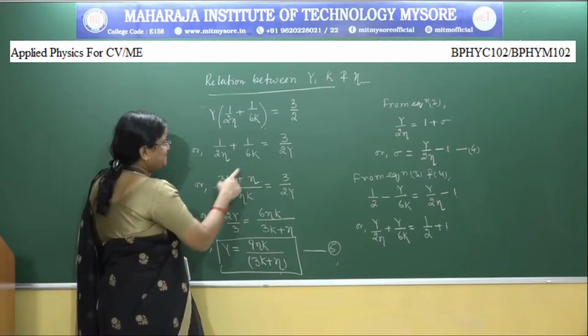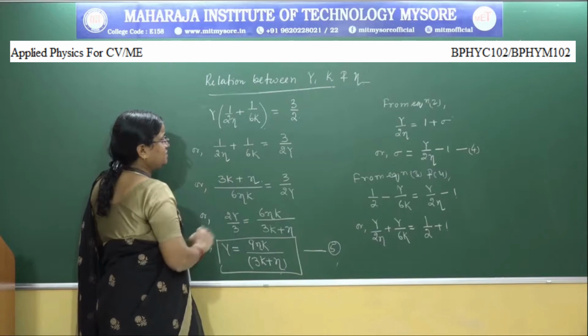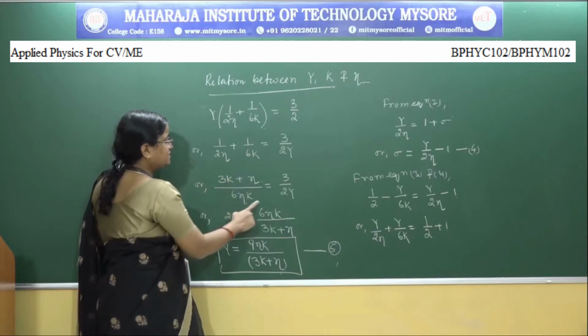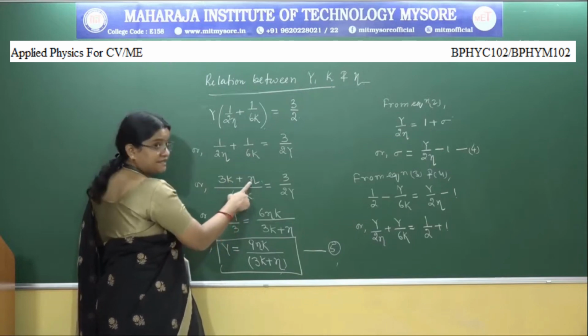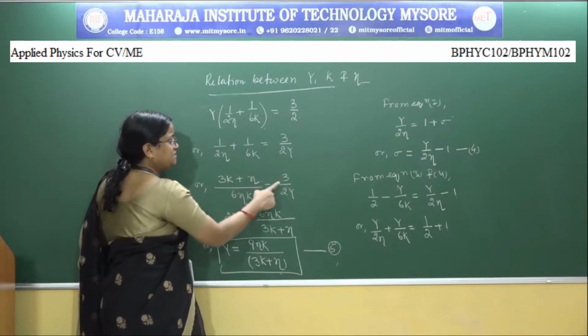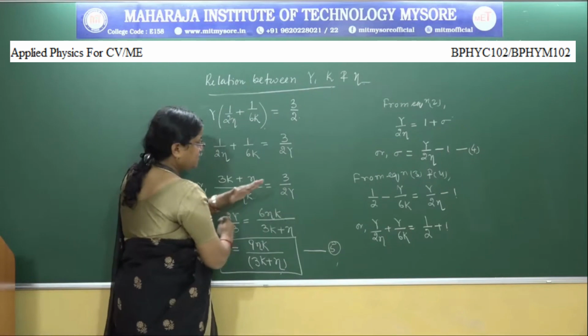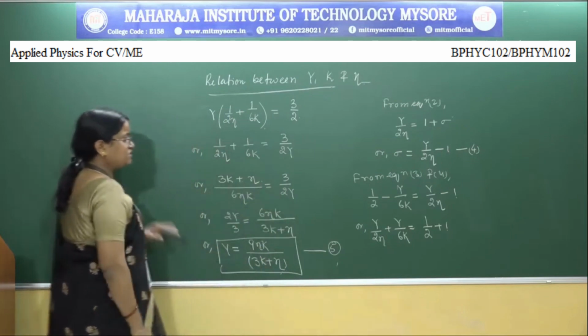If you divide by 2 eta, you get 3k into 1, and if you divide by 6k, you get eta. So, you have (3k plus eta) divided by 6 eta k, and this is 3 by 2Y. Now, we have interchanged the equation by taking the reciprocal.